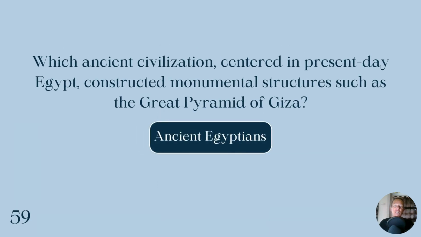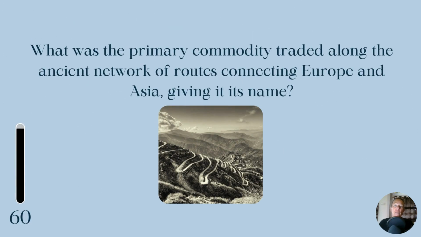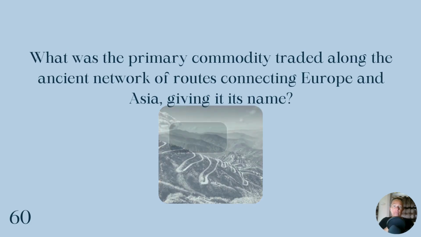The ancient Egyptians. What was the primary commodity traded along the ancient network of routes connecting Europe and Asia, giving it its name? Silk.